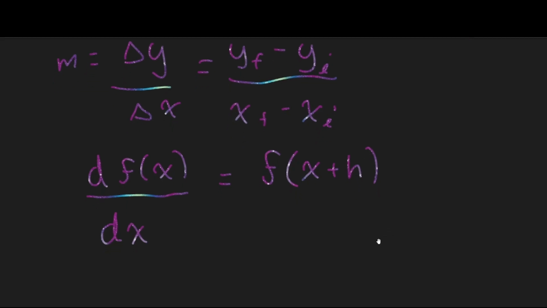So you have f of x plus h divided by, in brackets, x plus h minus x. Again, h is the smallest change that happened, and you're just subtracting the original x.